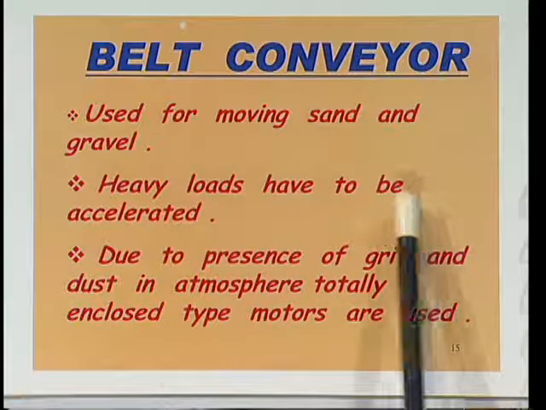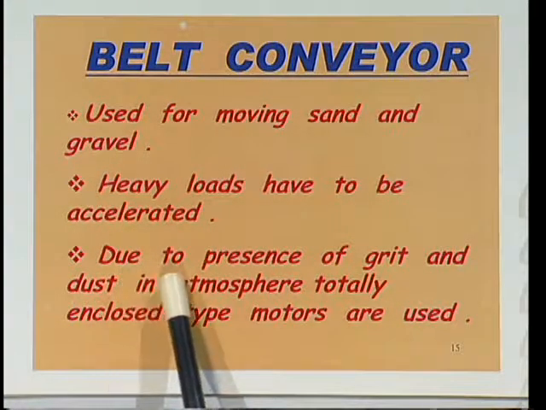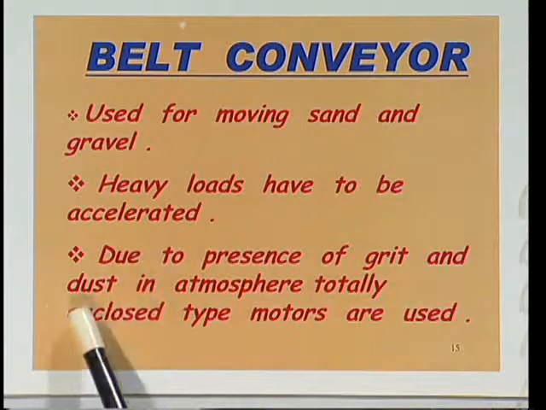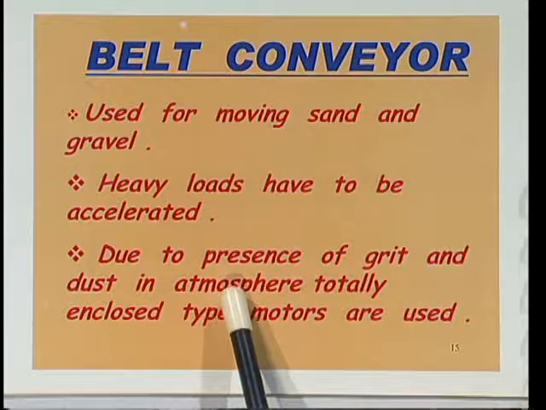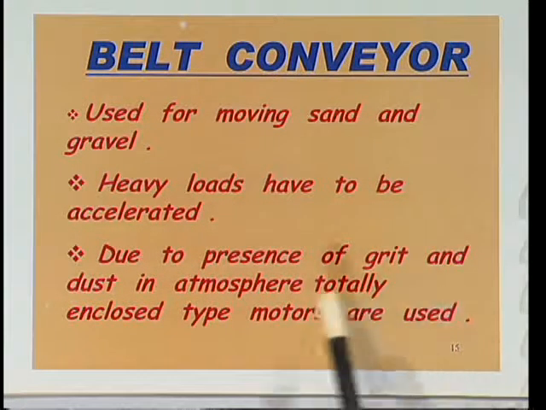Heavy loads have to be accelerated. Since the load on the motor is heavy, heavy load should accelerate for the motor. Next, due to presence of grit and dust in atmosphere, totally enclosed type motors are used.